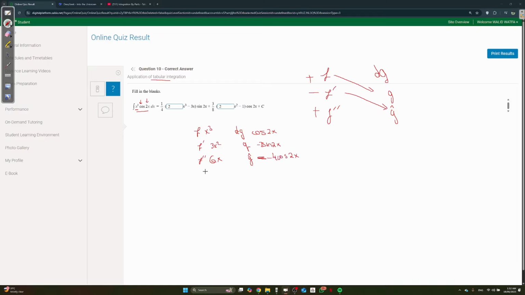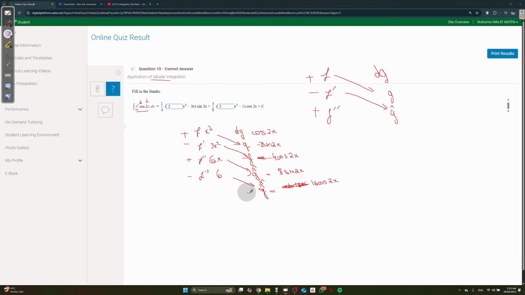Now my f triple prime will be 6, and then my g double hat will be 8 sine 2x. Now we go plus, minus, and we cross. We go down like this. And the next triple hat, if I'm not wrong, is negative 16 cosine 2x. So you keep on going until you're done.